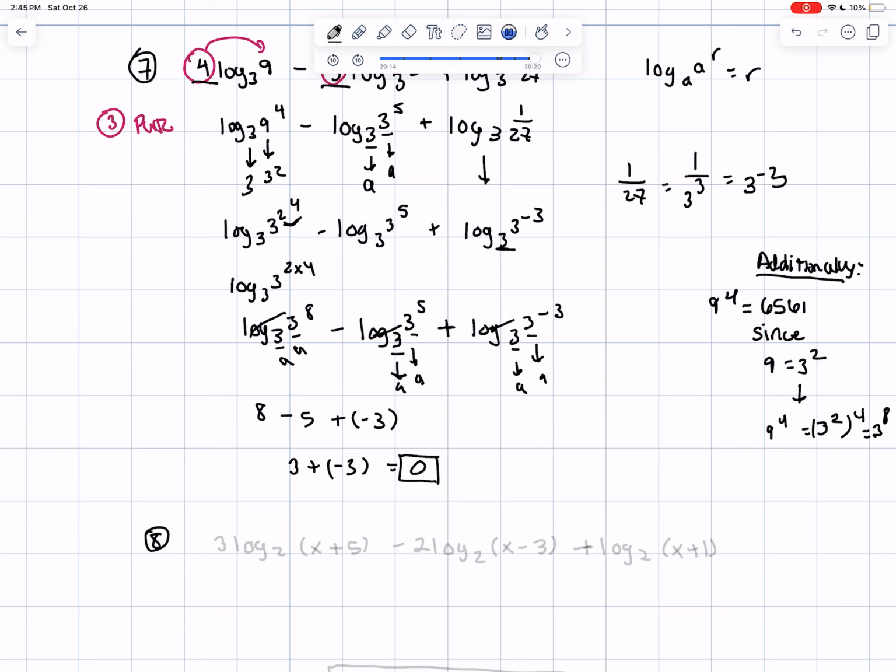For this one, I want you to solve this on your own and then see if you get the same answer. I'm just going to give the answer for this one. See if you can come to the conclusion on your own. This is just a practice for you guys.